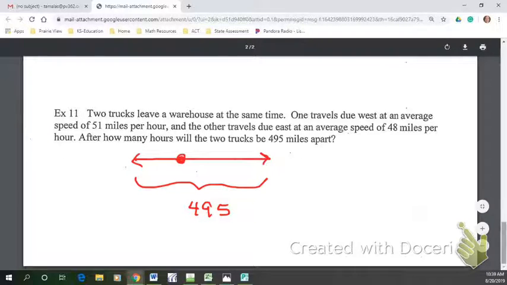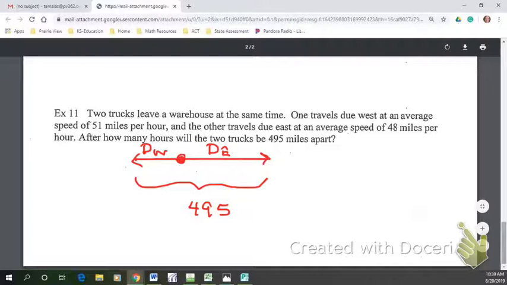I'm going to call this the distance of the westbound, and this one the distance of the eastbound. So the westbound truck traveled this far, and the eastbound truck traveled this far.